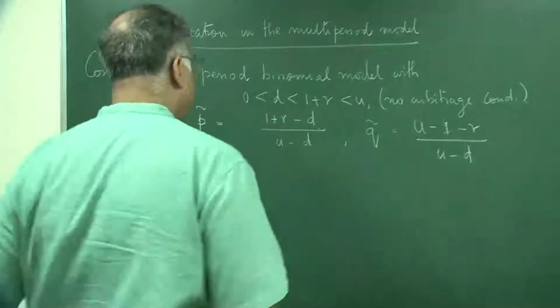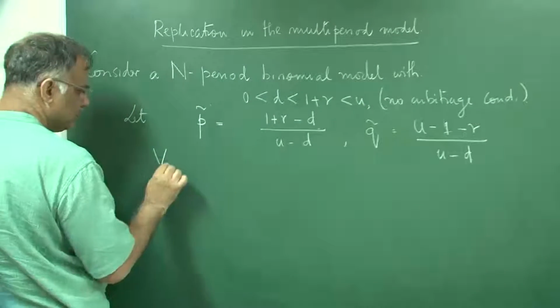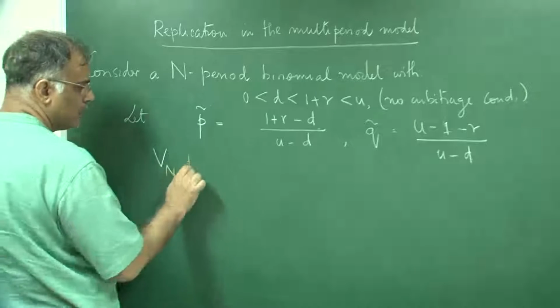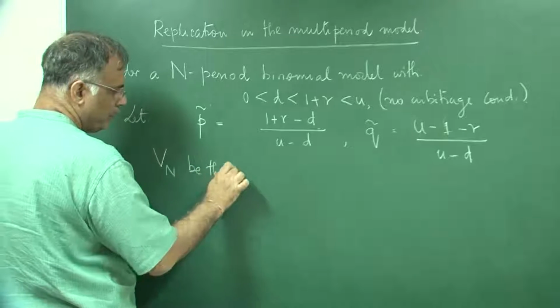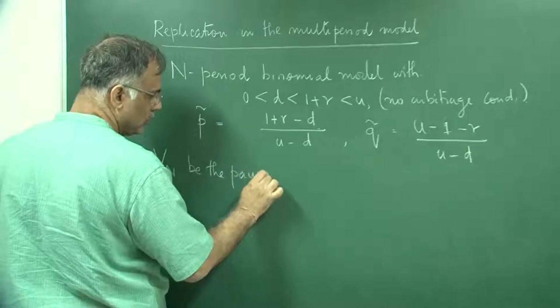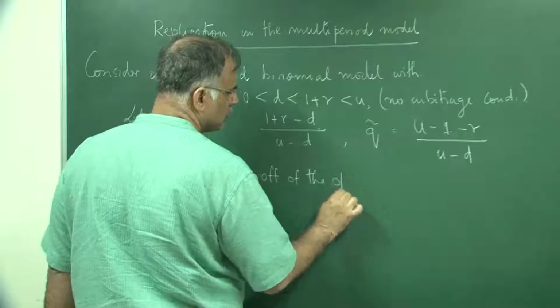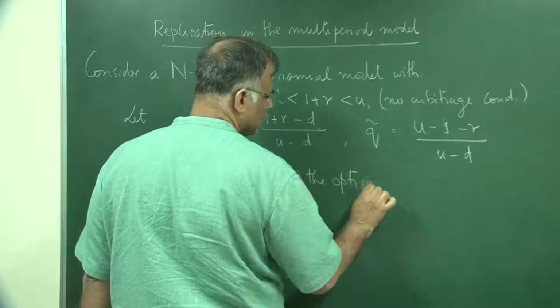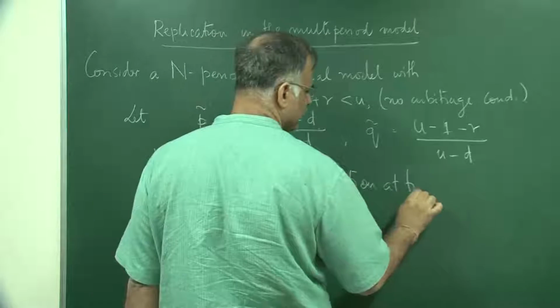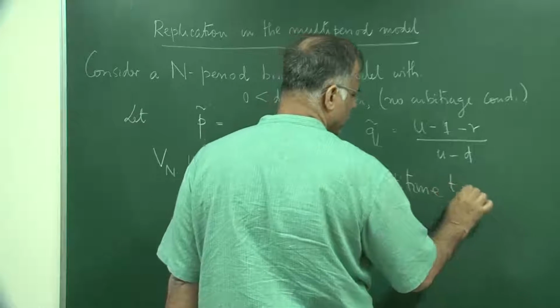Let Vn be the payoff of the option at time t equal to n.